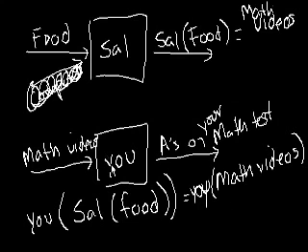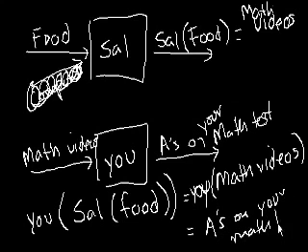And we already said, well, if you put math videos into the function called U, or whatever your name might be, then it produces A's on your math test. So U of math videos equals A's on your math test. So U of Sal of food will produce A's on your math test.